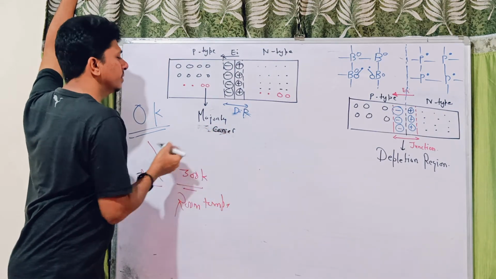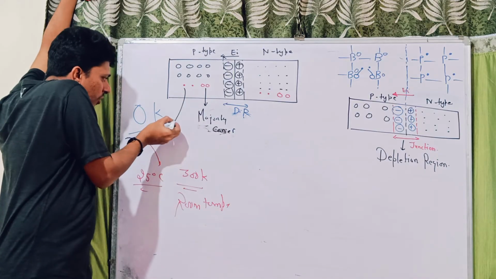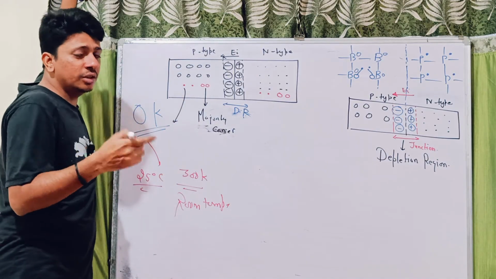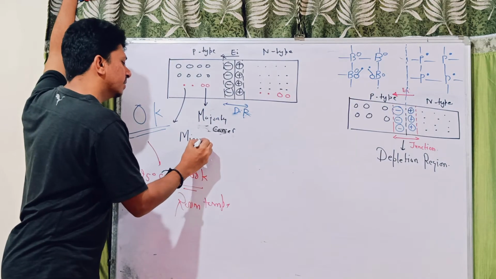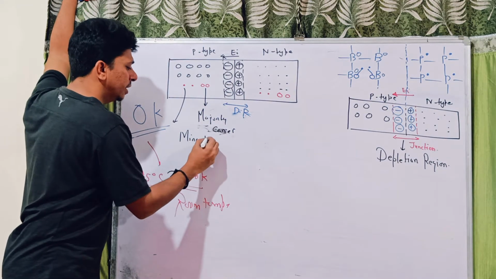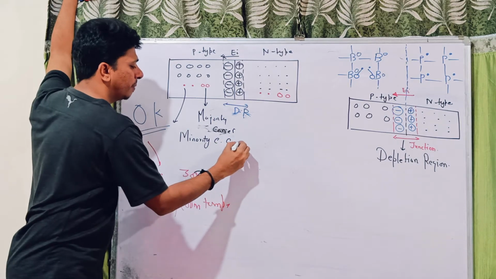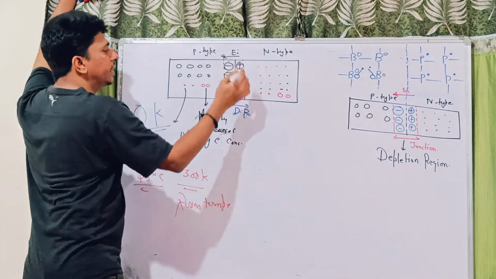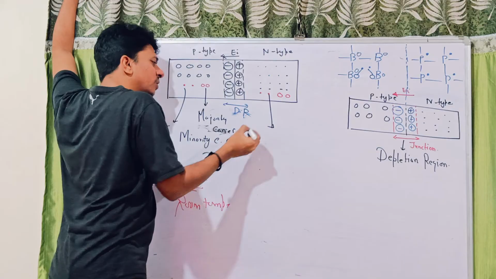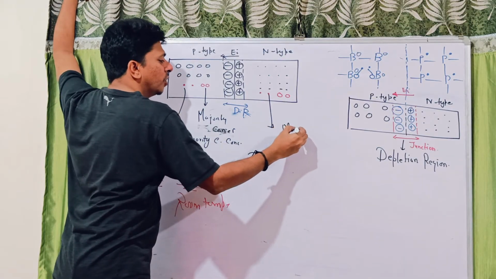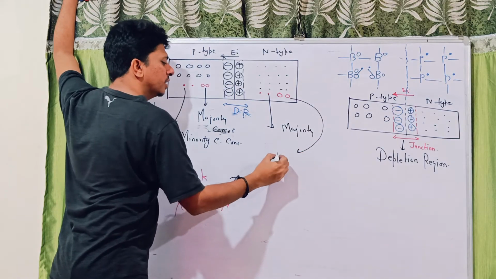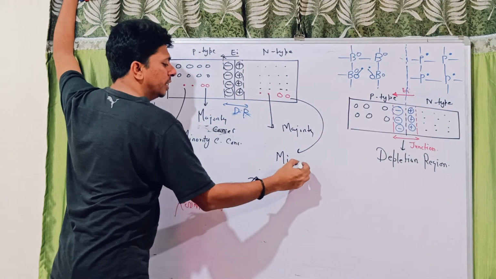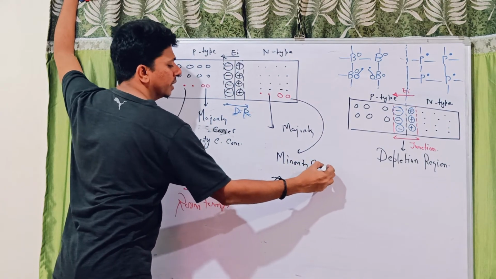And these electrons which are generated due to breaking of covalent bonds are called minority carrier concentration. Similarly, in n-type, these are electrons, and these are called majority carrier concentration in n-type, and these holes are nothing but the minority carrier concentration.